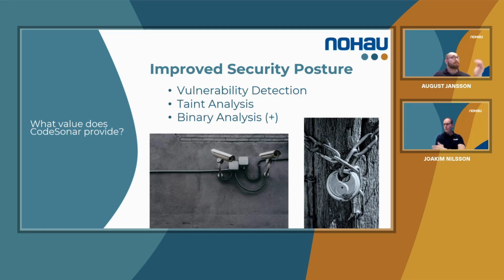So what is that? Taint analysis, or tainted data analysis, is the process of tracking external input and seeing where that ends up being processed. So if you have a sensor, for example, which reads a faulty value, you will get warnings if that is processed without being checked first.